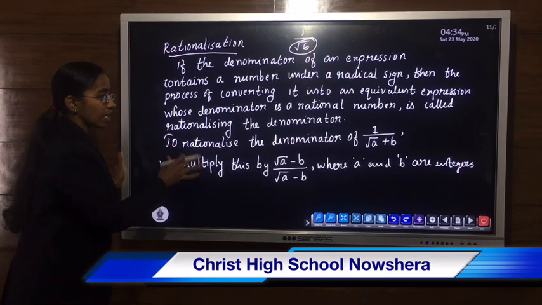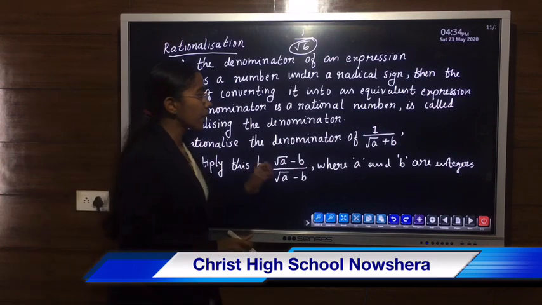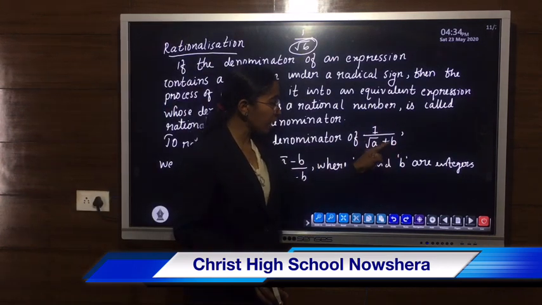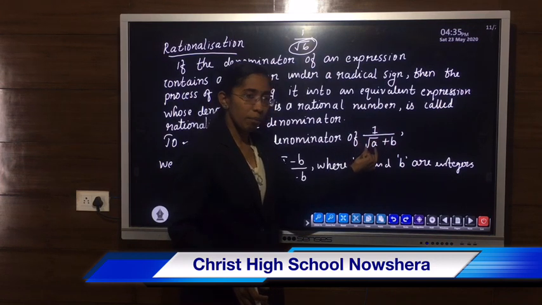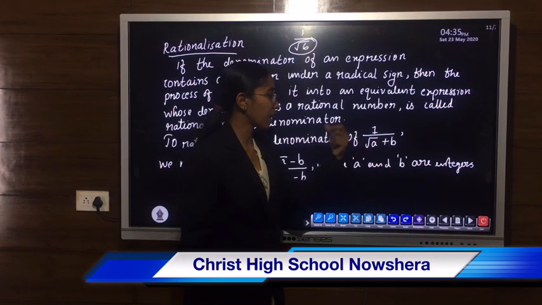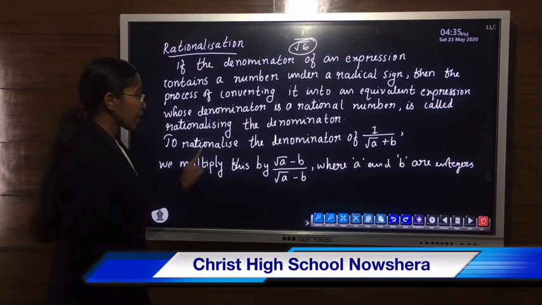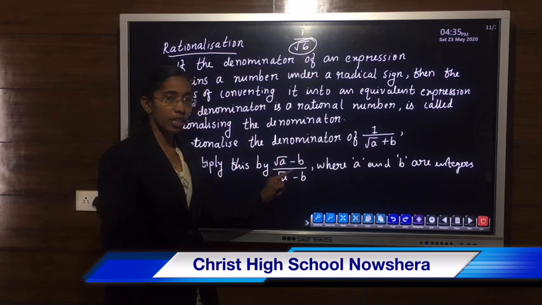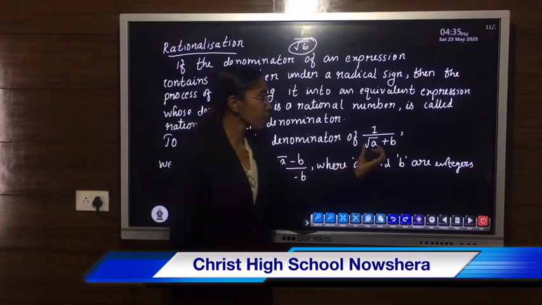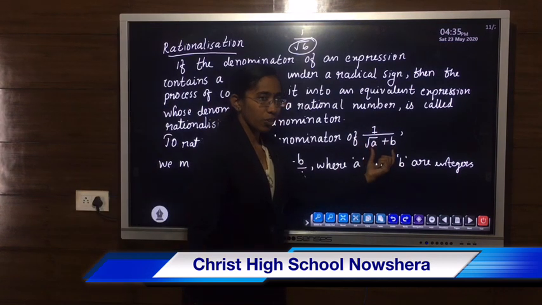To rationalize the denominator of 1 divided by root a plus root b: here in the denominator there is a number under a radical sign. In that case we multiply by root a minus root b divided by root a minus root b, which is the opposite operation of this denominator.